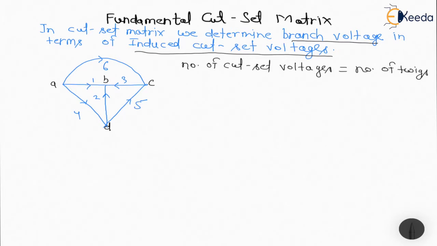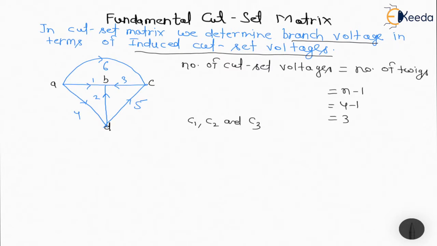We know that the number of twigs is equal to n minus 1, where n is the number of nodes. For this complete graph, the value of n is 4, so it will be 4 minus 1, which is 3. So we will have 3 cut set voltages C1, C2 and C3. This is the first point.